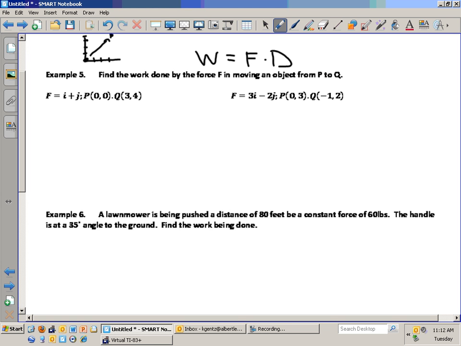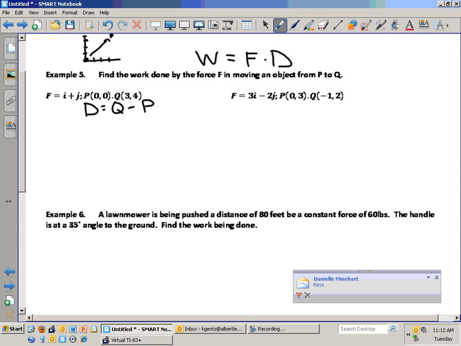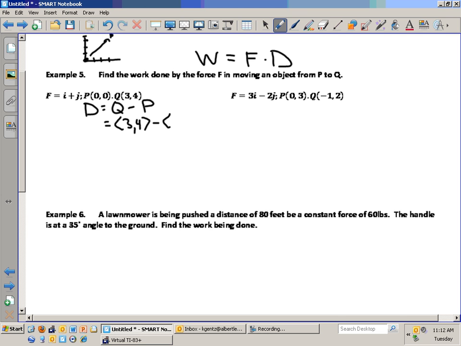The displacement is the point where I end up minus the point where I began. So Q minus P is 3, 4 minus 0, 0. If I subtract those, what do you get? 3, 4. That is the vector that represents the total displacement of the object.